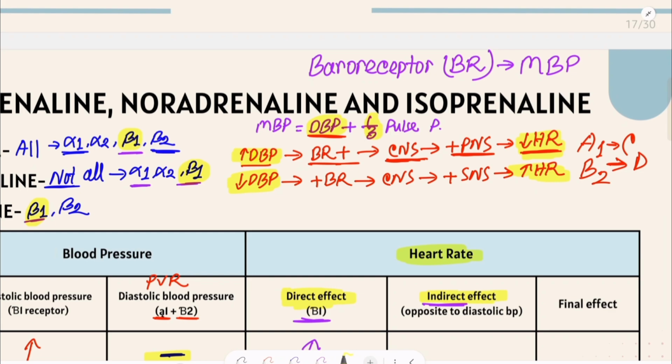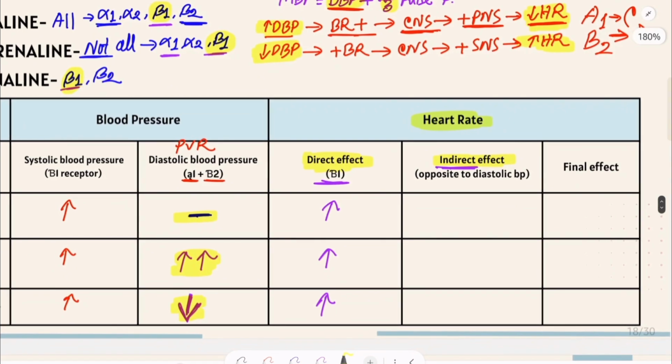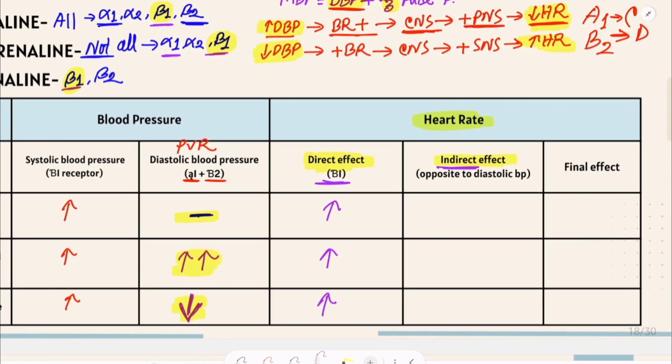So if we put this information in the table, adrenaline has no effect on diastolic blood pressure. So indirect effect of adrenaline will also be none. Noradrenaline increases the diastolic blood pressure. So it will reduce the heart rate by indirect effect on heart.